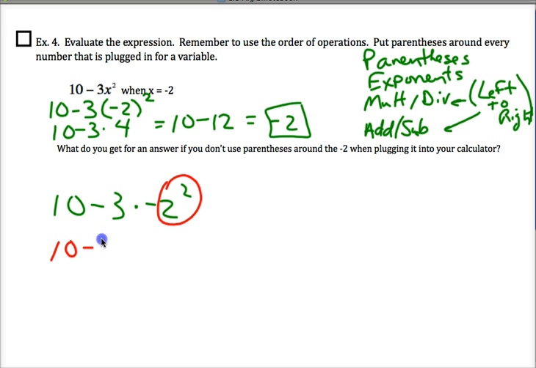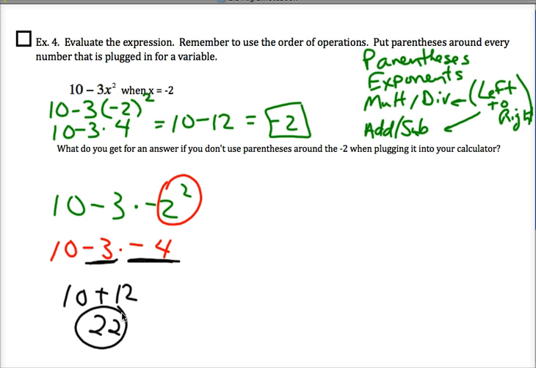So your calculator would do the opposite of 2 squared, which is -4. You do 2 squared is 4, then put a negative on the outside. Then your calculator would do the multiply, and really what you're multiplying is a -3 by a -4. So that would turn into a positive 12. And your calculator would give you an answer of 22 if you went ahead and did not put the parentheses, and that is the incorrect answer. You should get -2, what we had at the beginning.